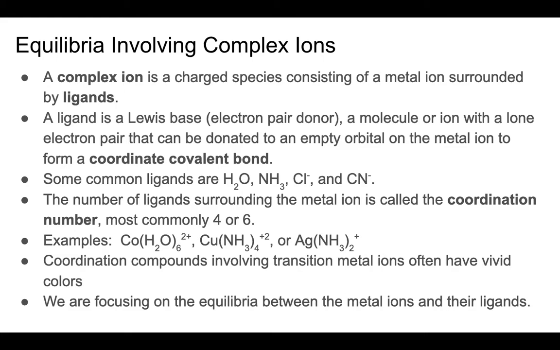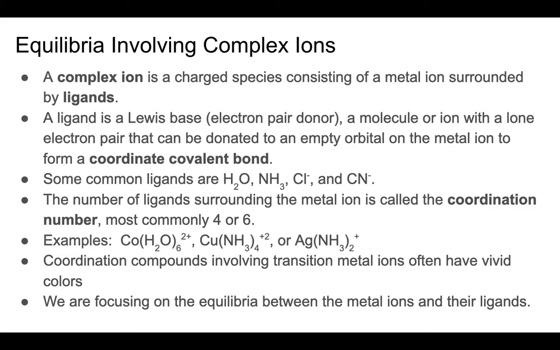Now the number of ligands surrounding the metal ion is called the coordination number. These are typically 4 in maybe a tetrahedral arrangement or 6 in some kind of octahedral arrangement. And examples of these complex ions might be a cobalt plus 2 with 6 waters surrounding it, or a copper plus 2 with 4 ammonia surrounding it, or maybe a silver plus 1 with 2 ammonia surrounding it.